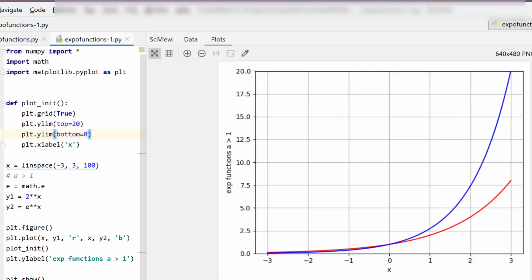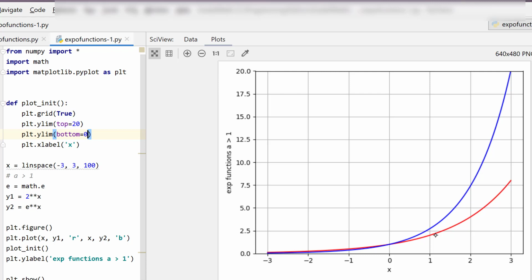Look at that. Isn't that beautiful? So the red curve is y1, which is 2 to the power of x, and the blue curve is y2, which is e to the power of x. And you can see when x is 0, for the curve y1 equals 2 to the power of x, that's just 2.